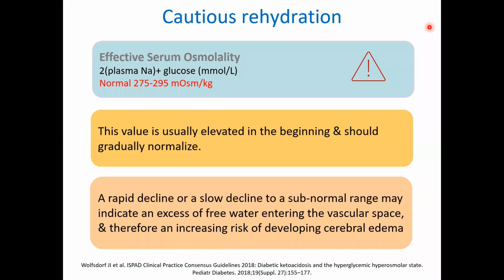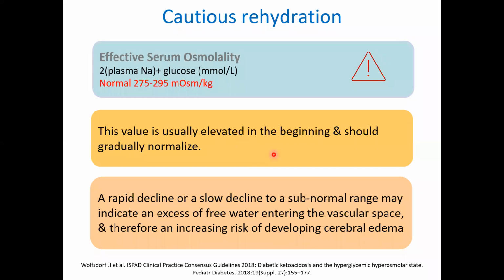The second thing is that we need to monitor the effective serum osmolality. And we have the formula here. You just need your plasma sodium and your glucose level to calculate that. So we always need to calculate this and monitor every time we measure our electrolytes. Normal effective serum osmolality is 275 to 295. And again, this is usually elevated in the beginning, and we expect it to normalize.